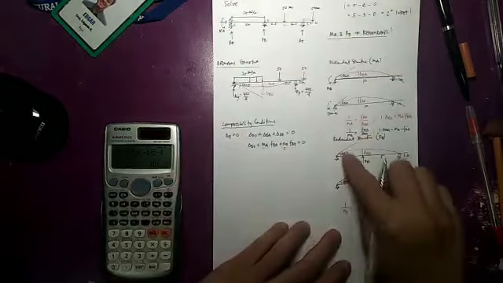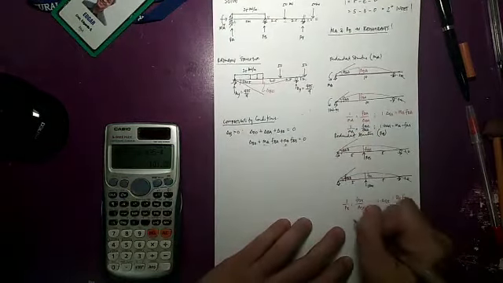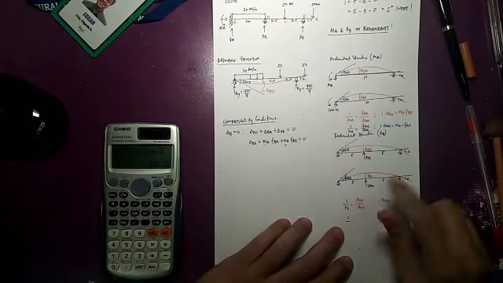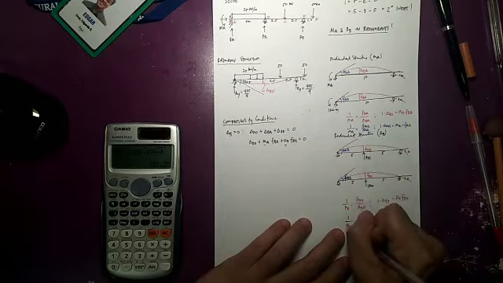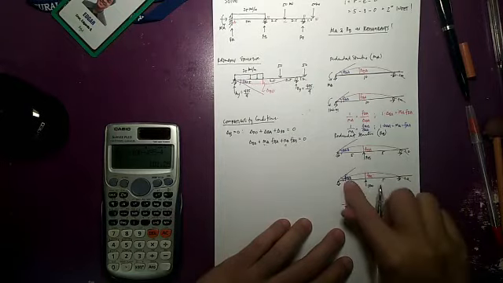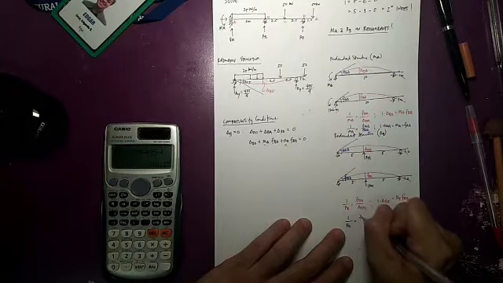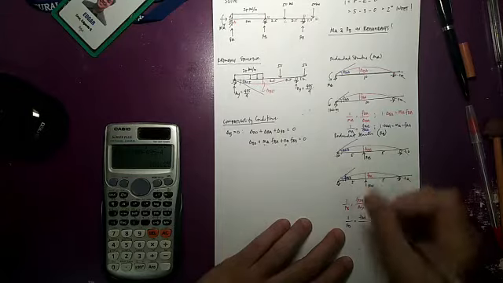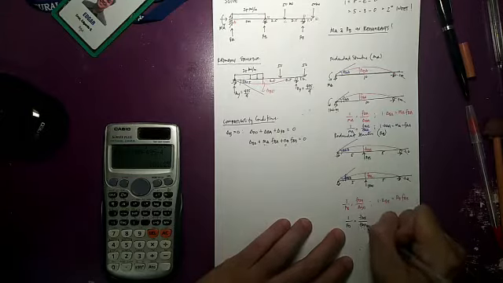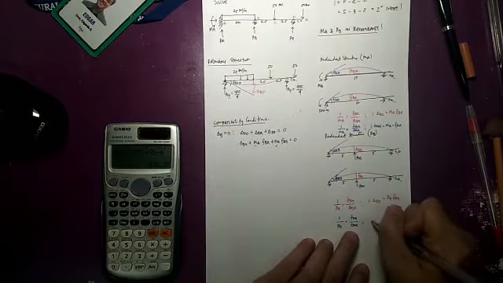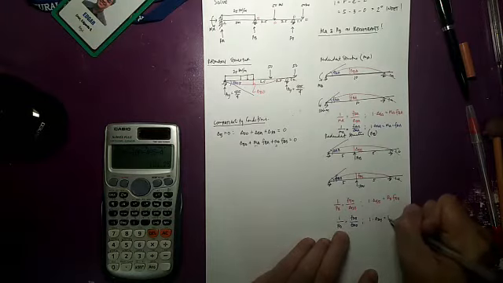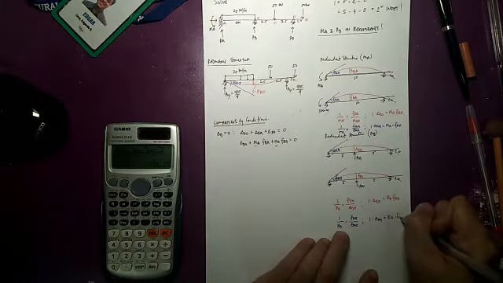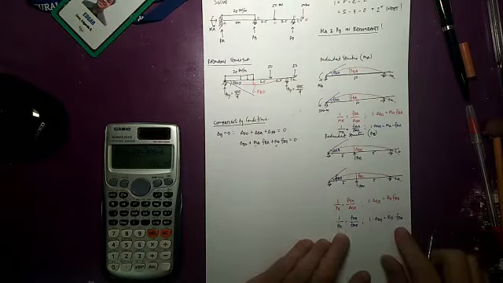Likewise for this case, I could relate these two: 1 kip is to RB as FAB is to theta AB. So I could rewrite this as 1 times theta AB is equal to RB times FAB.